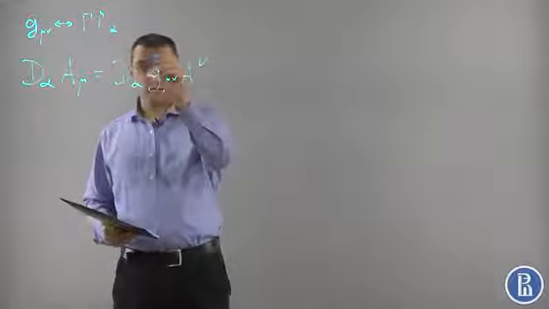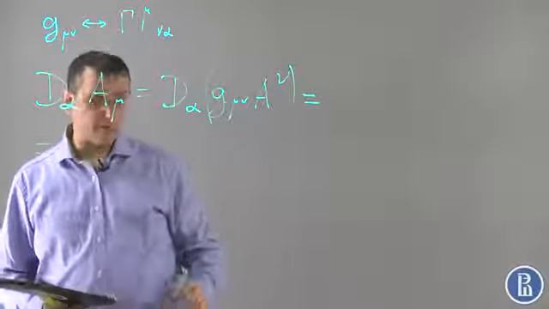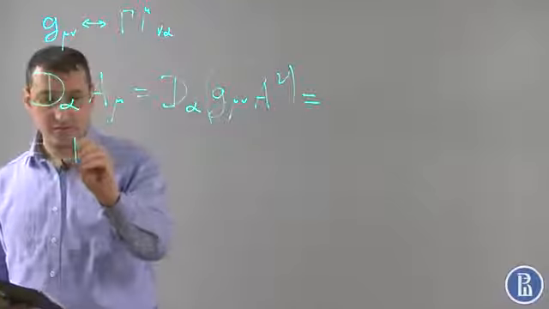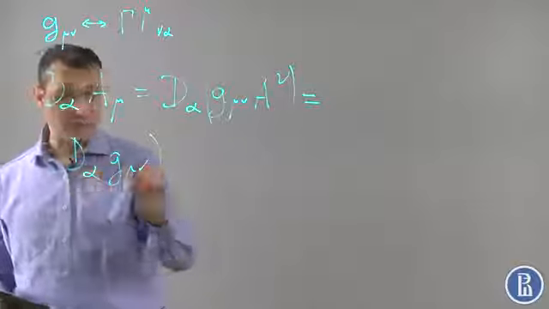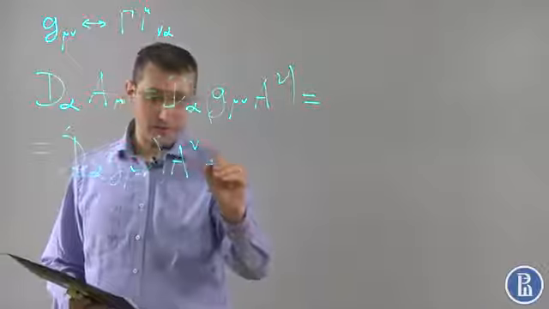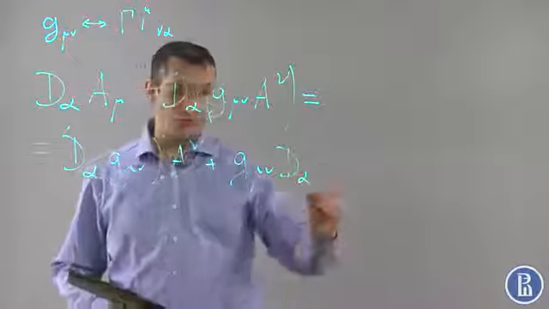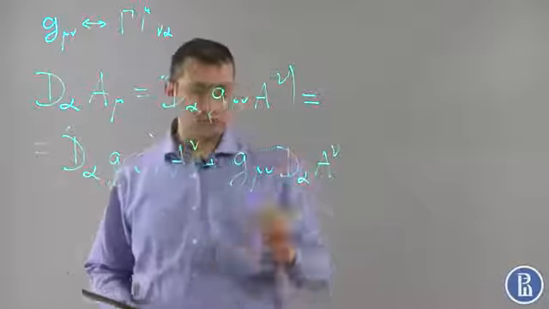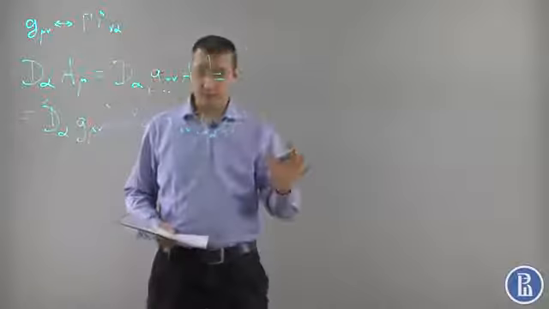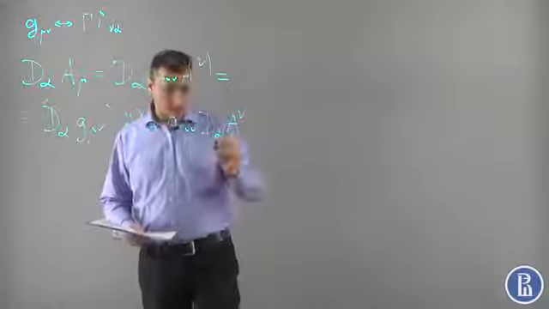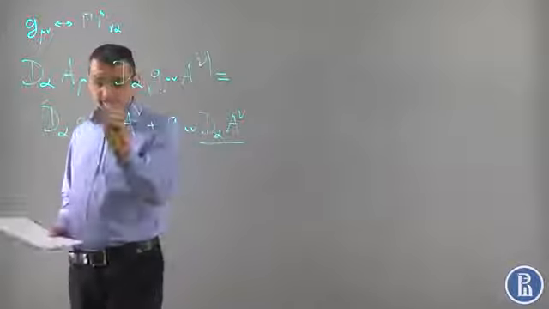And if we use the Leibniz rule, this is just d alpha g mu nu times A nu plus g mu nu d alpha A nu. But to have an agreement between different definitions, we have to have that this is 0.